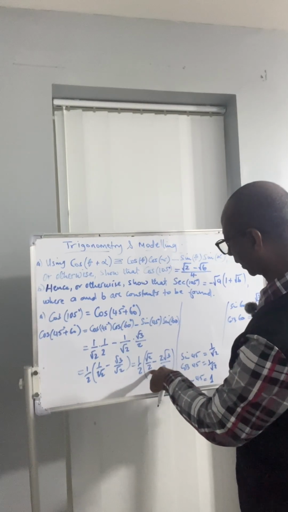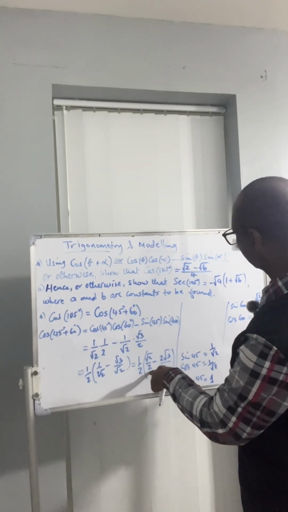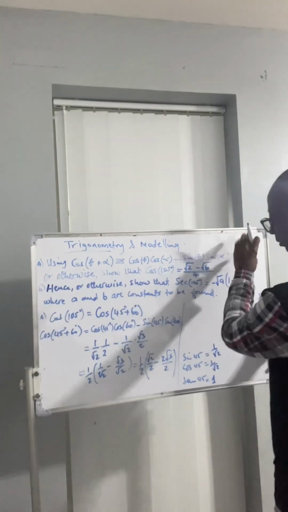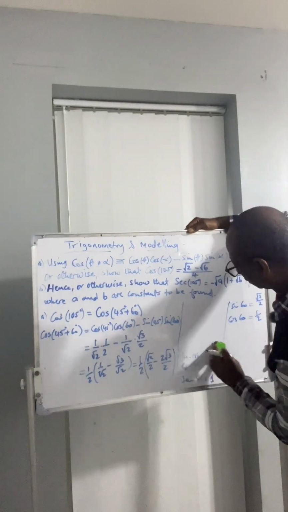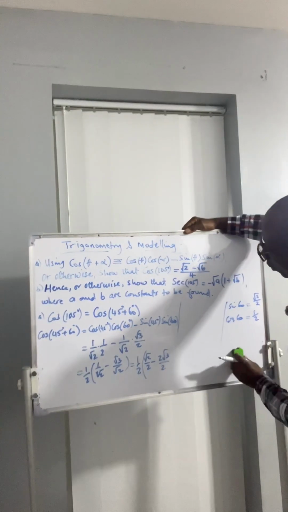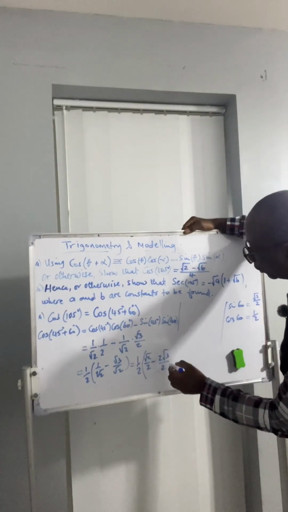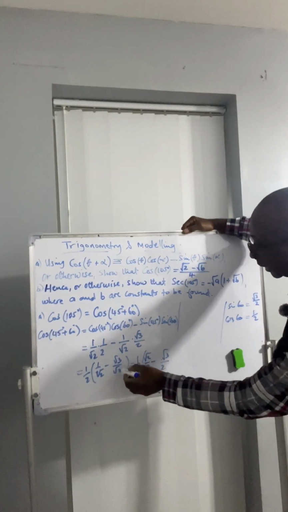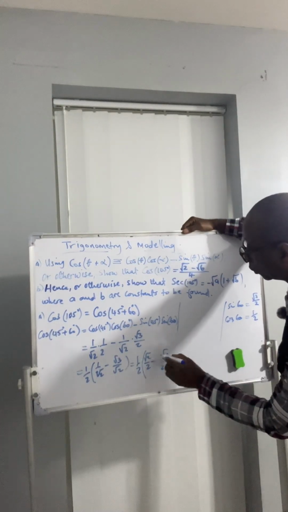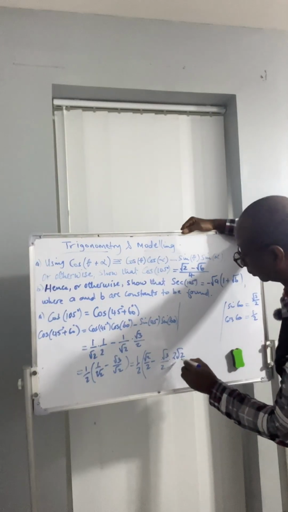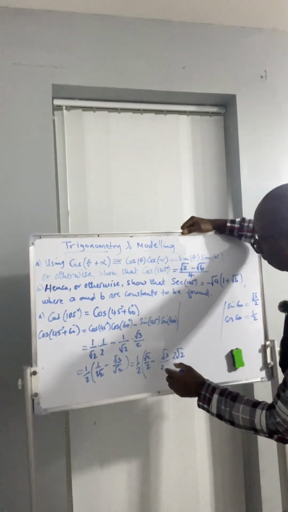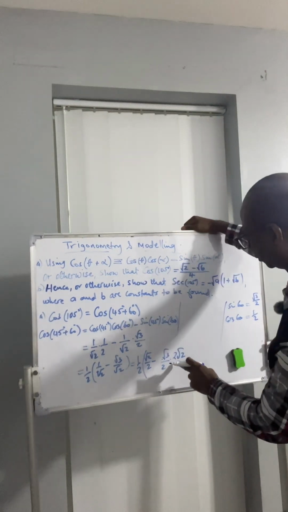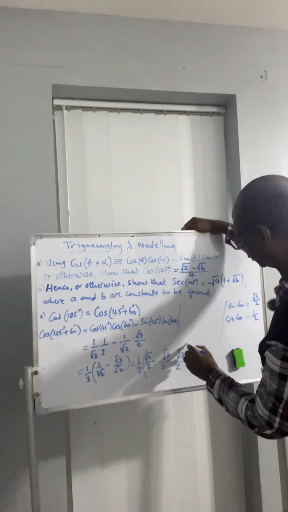So again, we'll have 2's here. We'll take them out. You have your root 3 there.